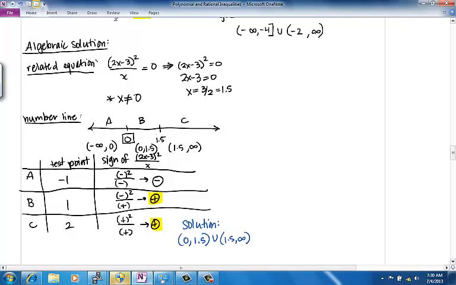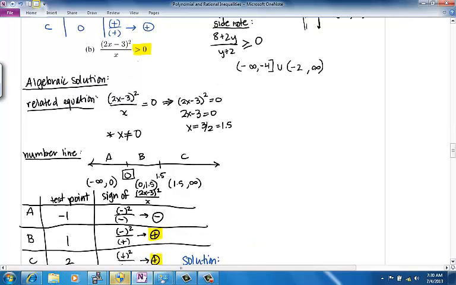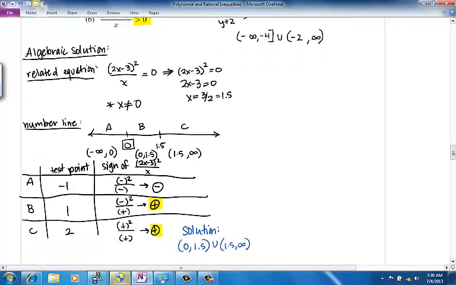We don't want to include 1.5 because we didn't want equal to 0. And at the value 1.5, the expression is equal to 0, not just greater than 0. So 2 separate intervals, 0 to 1.5, union 1.5 to infinity. Then the graphical solution.